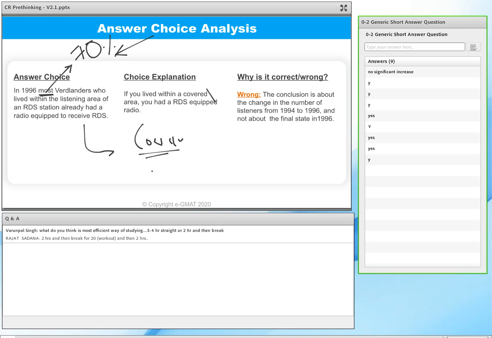Or in other words, can my conclusion still hold true if 20% of the people owned an RDS equipped radio in 94 and the same 20% of people owned an RDS equipped radio in 96? Is it that 70% must be true, or that most must be true? Is it required? No, it's not required. It is not a must be true.